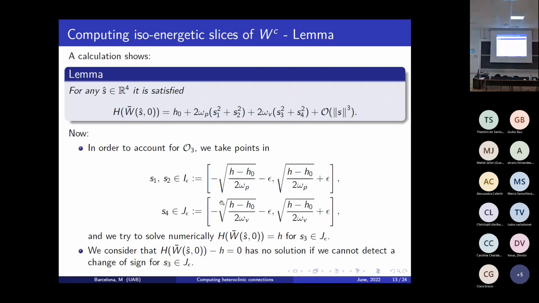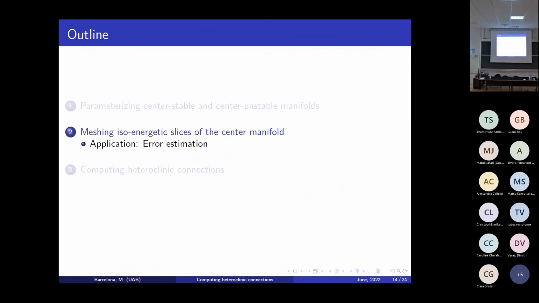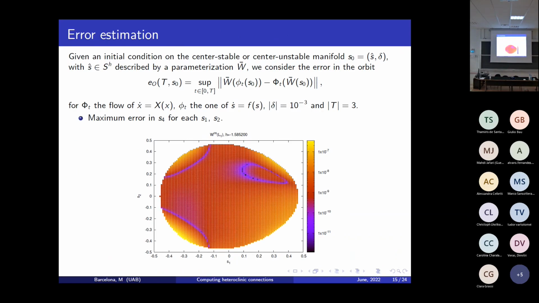So we obtain a way to mesh isoenergetic slices of center stable and center unstable manifolds that can be used later to obtain error estimations over the Poincare sections like this.